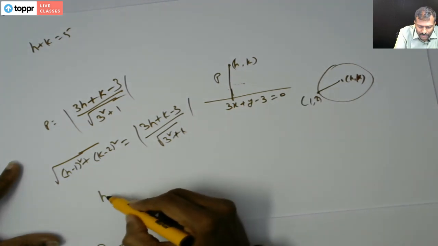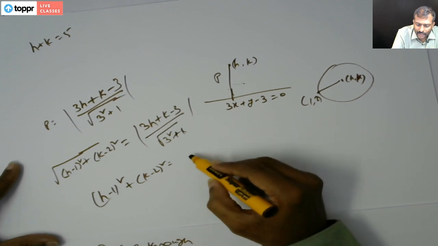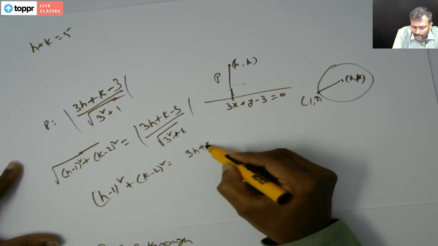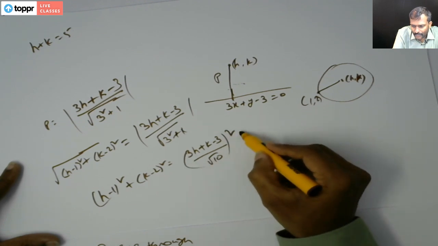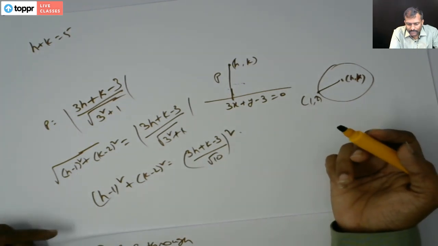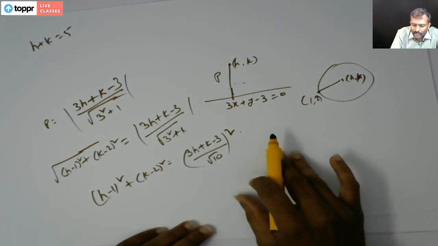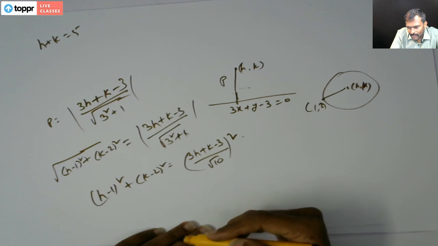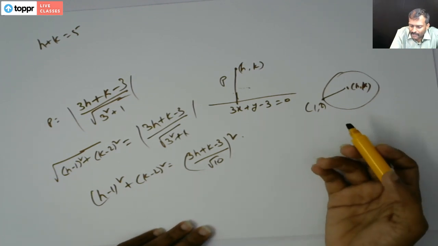So if you square both sides, h minus 1 whole square plus k minus 2 whole square is equal to 3h plus k minus 3 by root 10 whole square. So now you need to simplify this to get one more equation in terms of h and k.